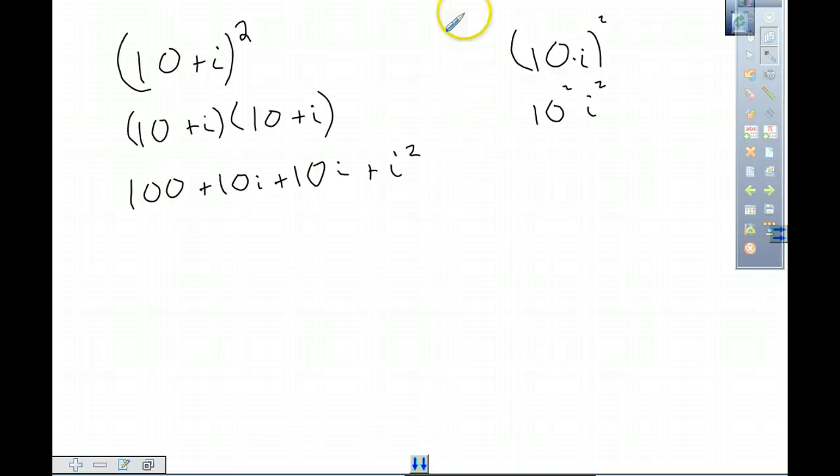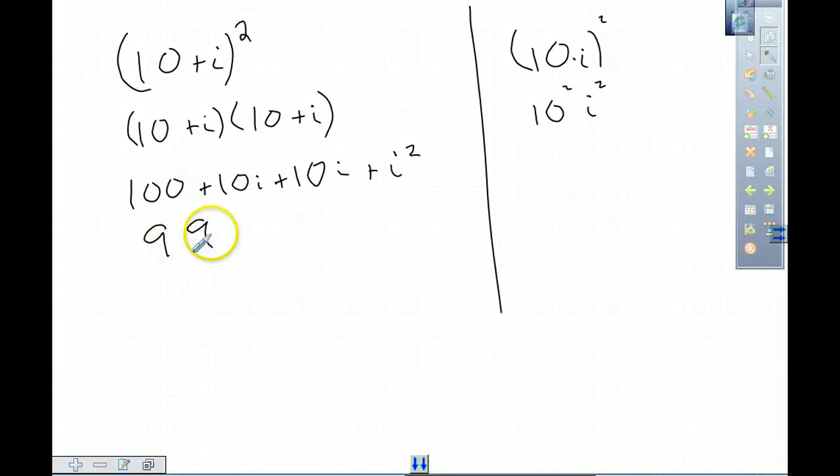No, you gotta know when to use it. There is a line. There are a lot of rules that work for multiplying and dividing that don't work for adding and subtracting. So be very careful. This will come out to 99 plus 20i. Very different.